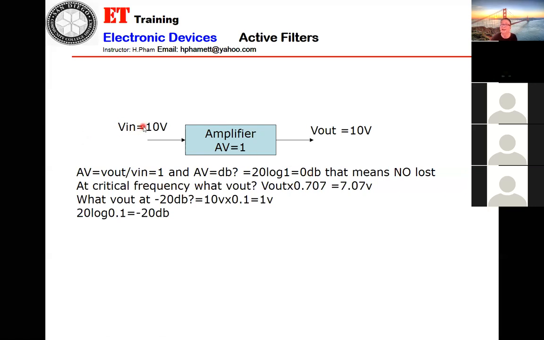If you apply 10 volt and get 5 volt out, you have loss. So 10 in, 10 out means the gain equals 1, and 20 log of 1 gives 0 dB. The only thing you need to make sure you understand is decibel: it means no loss.